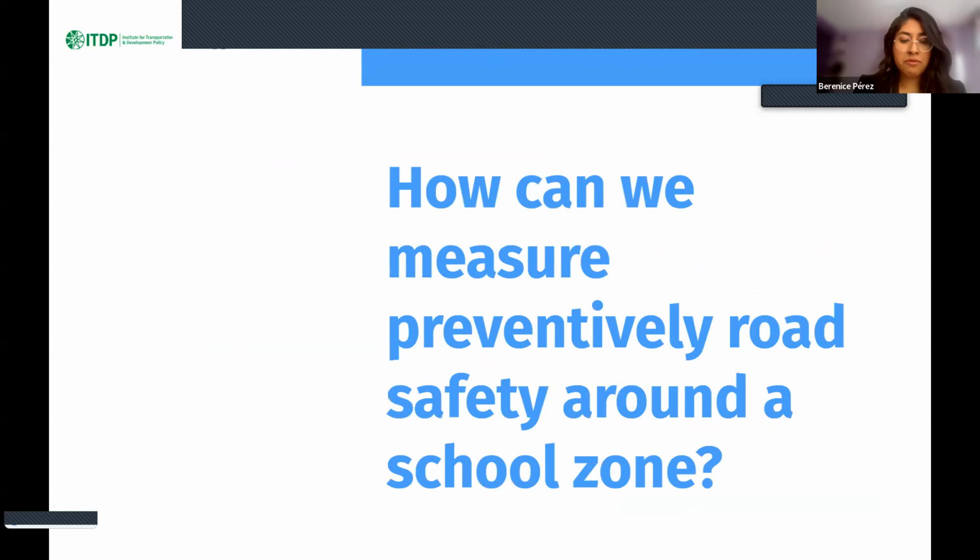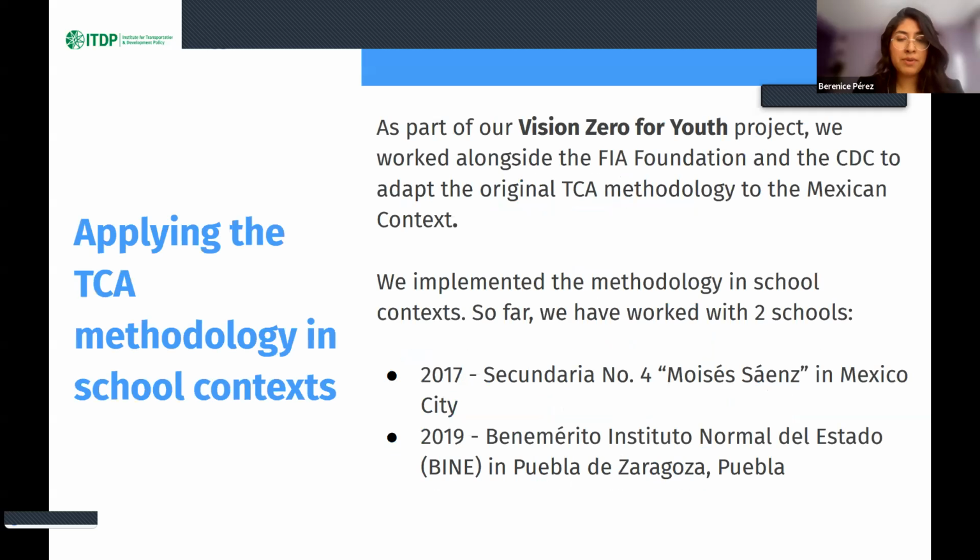So how can we preventively measure safety in school zones? By implementing the TCA methodology. We have worked since 2016 with the FIA Foundation on the application of Vision Zero for Youth, an integral public policy that aims to get to zero deaths and injuries caused by traffic accidents, especially in school zones.